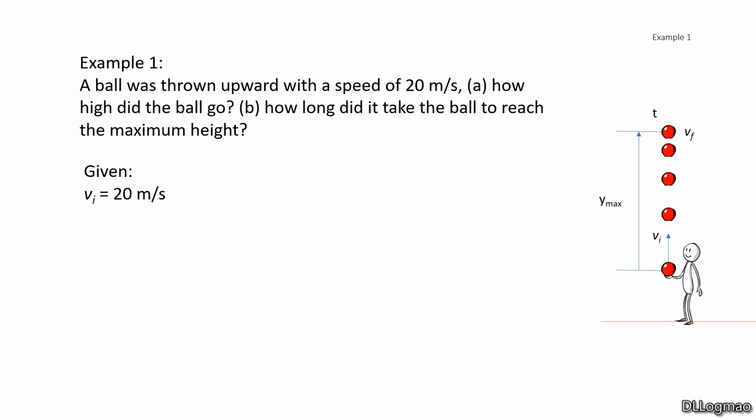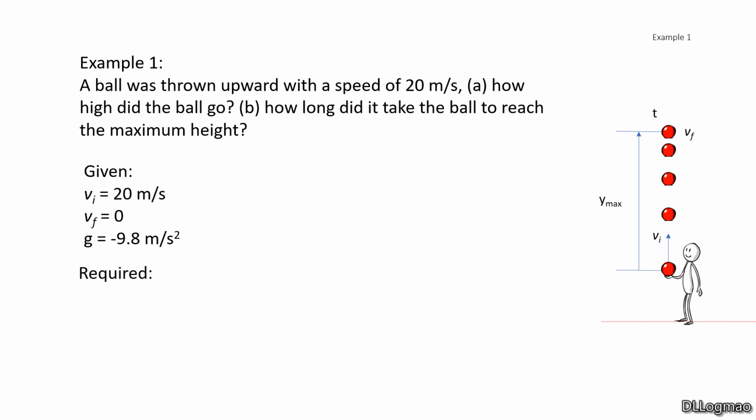The final velocity is 0. Why 0? Because the body had to zero its velocity before it can move to the opposite direction, downward. Acceleration due to gravity is negative 9.8 meters per second square.